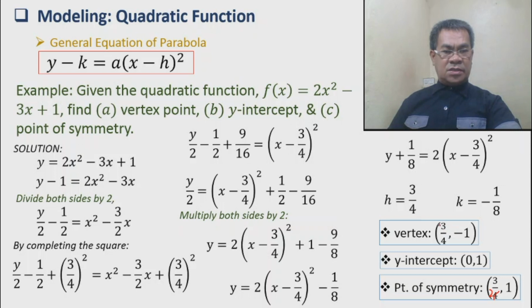So 2 times 3/4 is 3 halves. So the point of symmetry is located at 3 halves and 1, because the y-intercept is 1 and the vertex is at -1. So this should have the same value. Okay? So that's it.